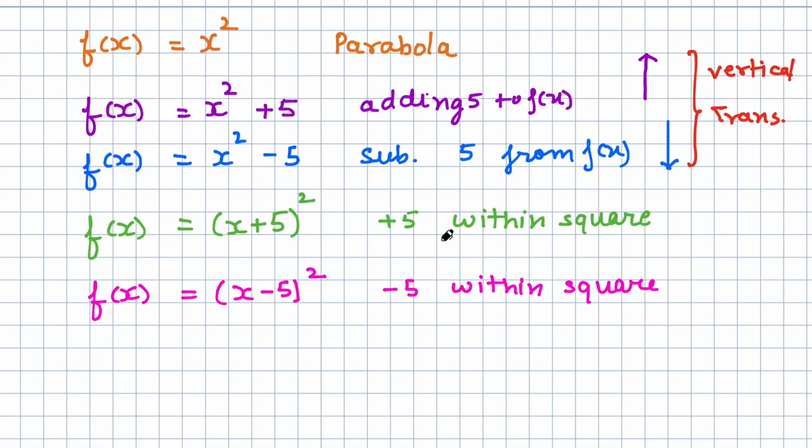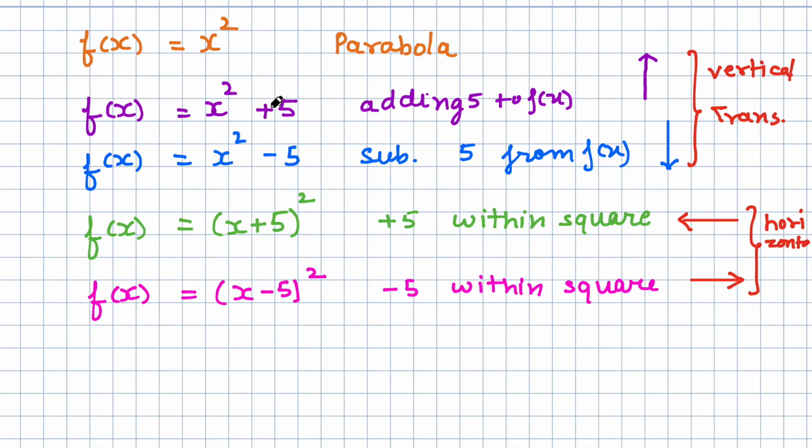Now, when we are making changes within the square, it is not vertical. First, let's see the theory. When we are adding 5 within the square, it will move to the left-hand side. And when I am subtracting 5 from it, it will move towards the right-hand side, right? Subtraction will move it right, addition will move it left. So these are known as horizontal transformations, that means they are moving along the x-axis.